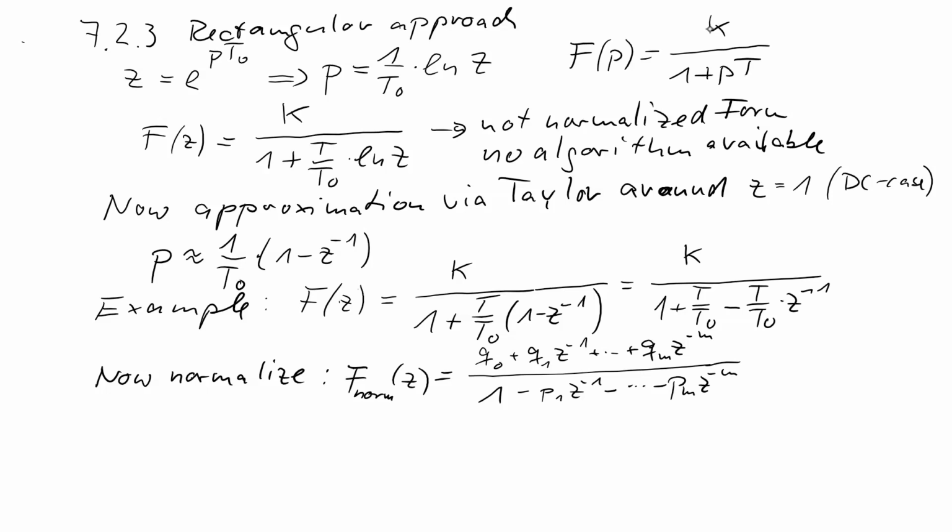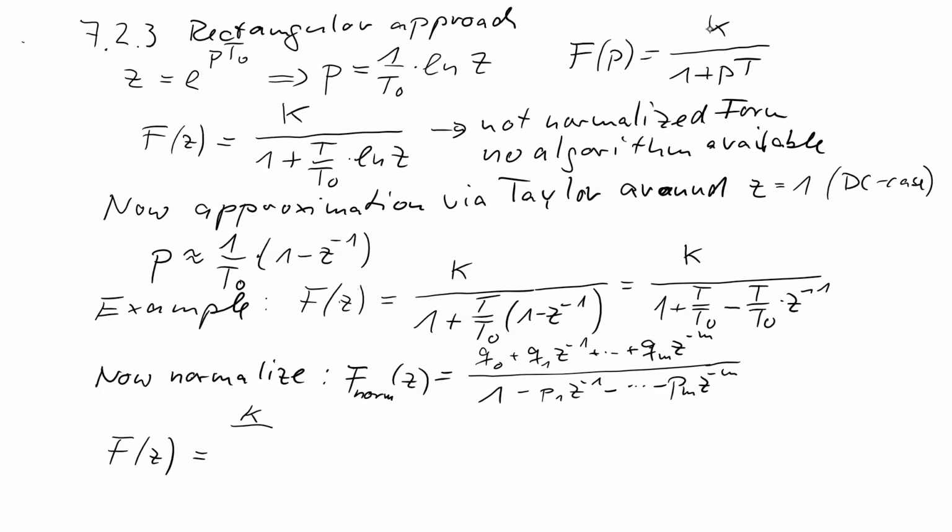Okay, so this element here without a z has to be forced to a 1, so we have to divide by 1 plus T divided by T sub o.